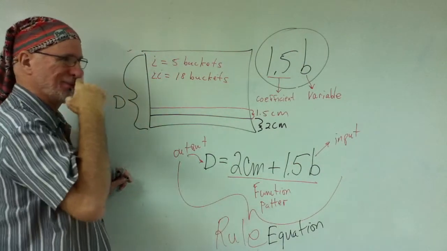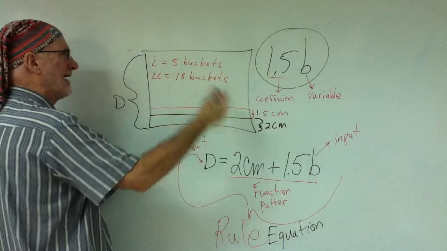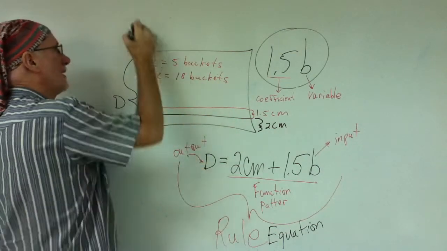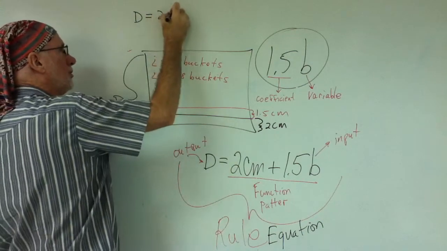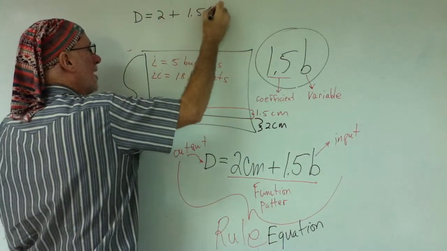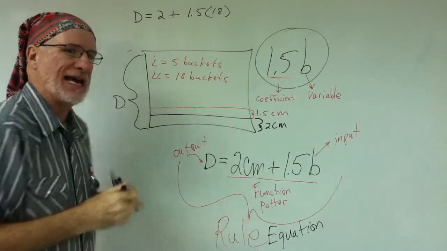Okay, now let's look at 18. So it's going to be D equals 2 plus 1.5 times 18.